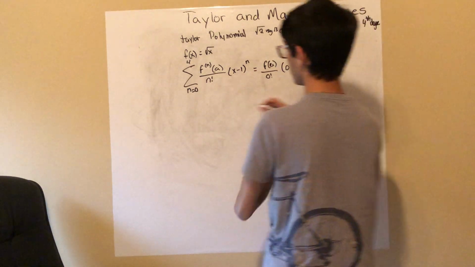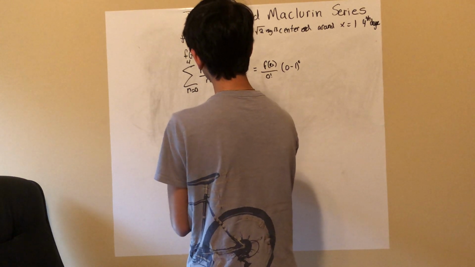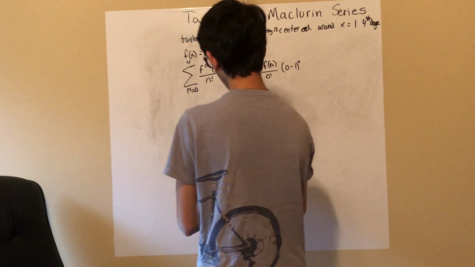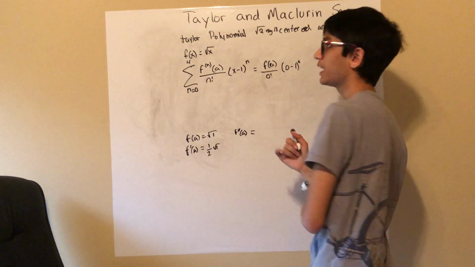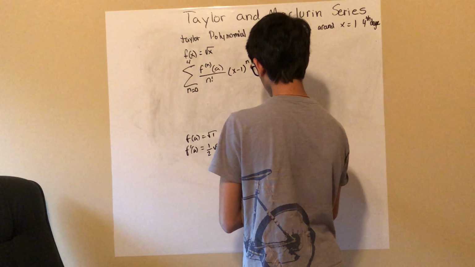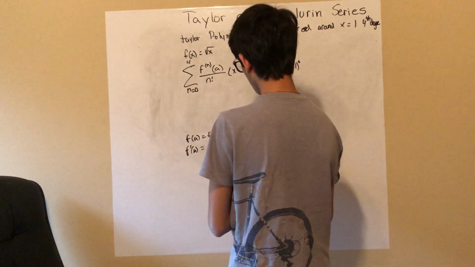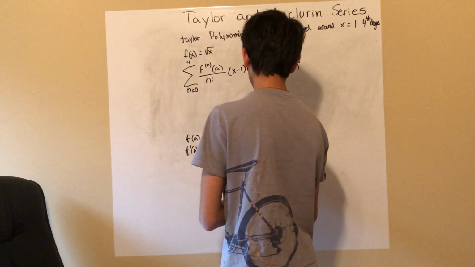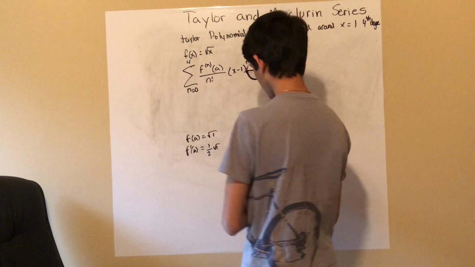So f of a, so here, let's write out these values. f of a equals root 1. f prime of a equals 1 over 2 root 1. f double prime of a equals negative 1 over 4 root a, root 1. f triple prime of a equals, this is x to the 3/2, so 3 over 8 times 1 to the 5th rooted.